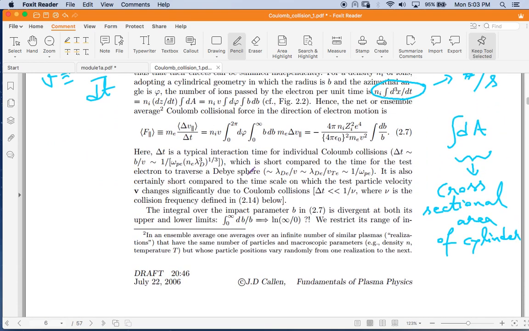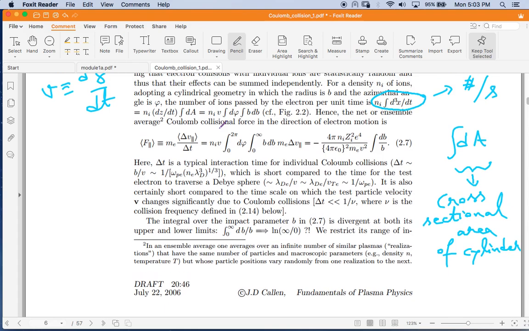And so we're going to get the F. The me comes from here, and so you have the delta v parallel, Ni v, and d phi, and b db right there.